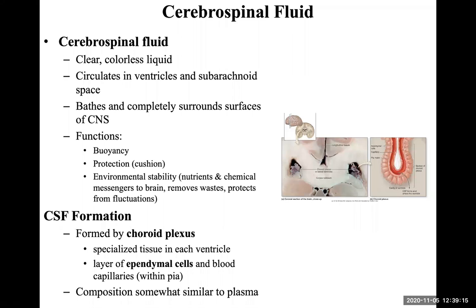Because the brain is encased in bone tissue, if we didn't have cerebrospinal fluid and you hit your head, as we all do, especially when we're toddlers who fall and hit their heads quite often, having the brain floating in cerebrospinal fluid gives it buoyancy.